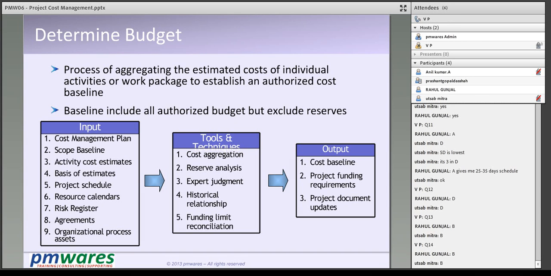So what is determining the budget? Can anybody tell what budgeting actually is? Anyone? What is budgeting? What is determining budget?